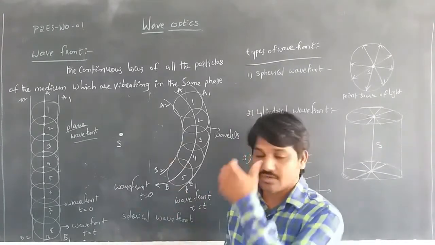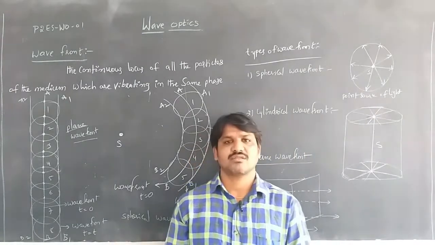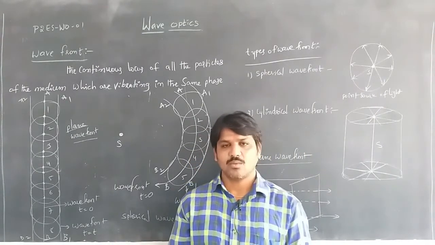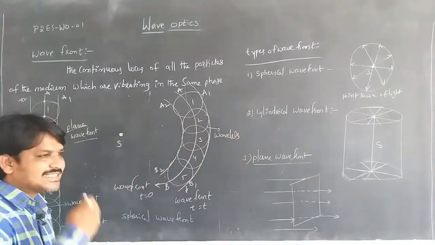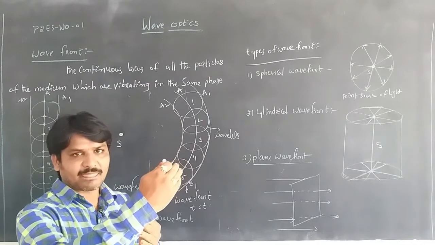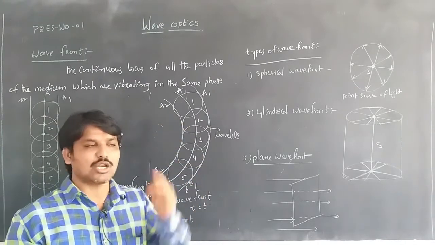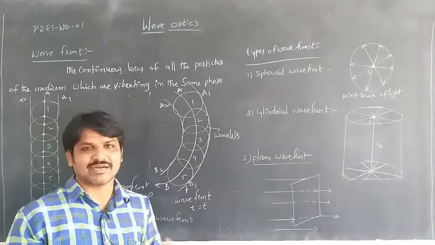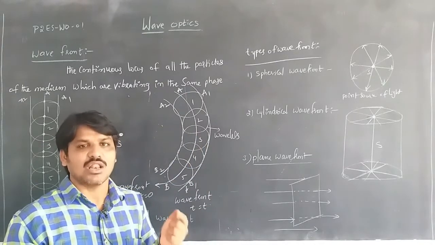The main topic here is the wave front. What is meant by the wave front? When light travels from the source, the locus of the points which are vibrating in the same phase is called a wave front.